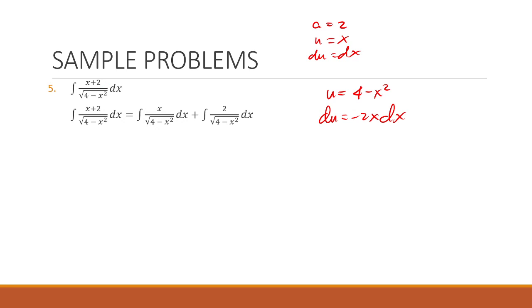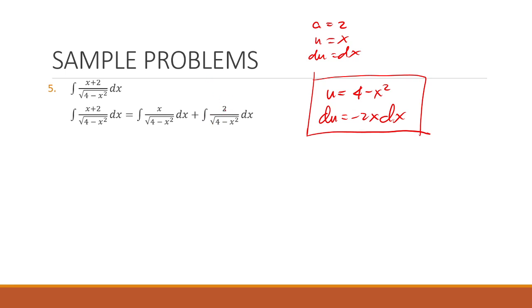Okay, ang first term will be, this will be integrable using u sub. Okay, so na-identify na natin yung u sub, direct na u sub, coupled with power rule. Okay, ang second term, so we have a constant, we can factor out the constant, itong 2, because of the constant multiple rule.